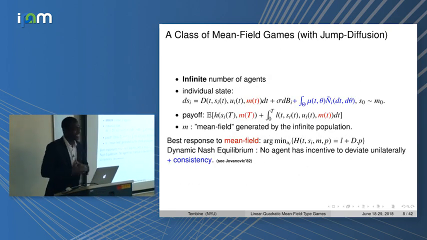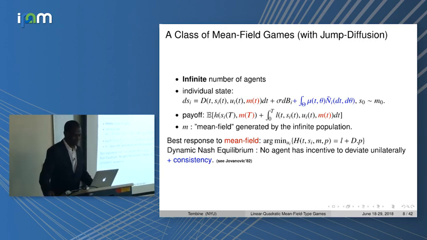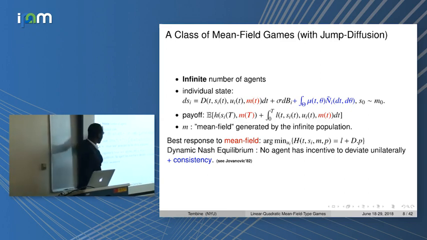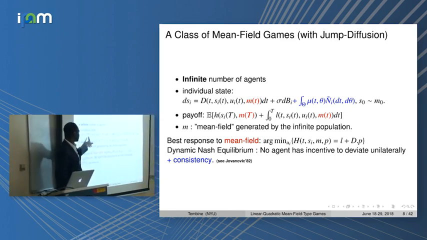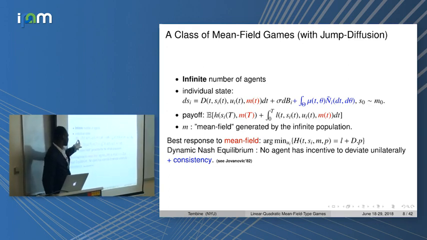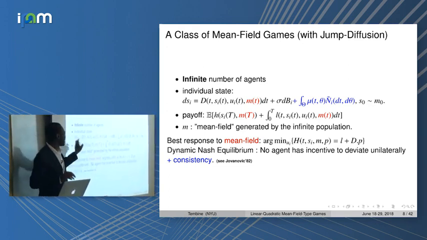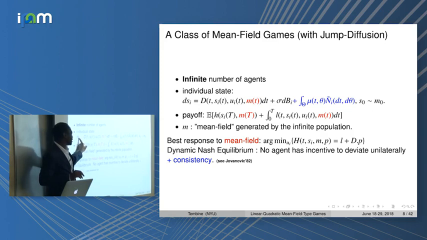So we are now back to the classical model of mean-field games. Infinite number of agents. Each of them is a generic agent, and a generic agent here is i. The state of i is S_i. S_i moves with that speed, that velocity here.